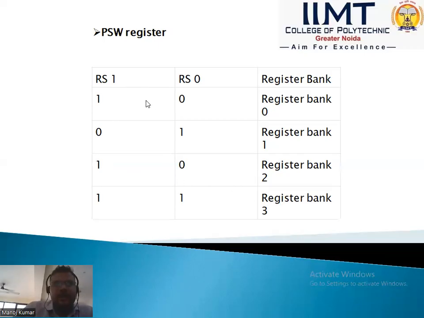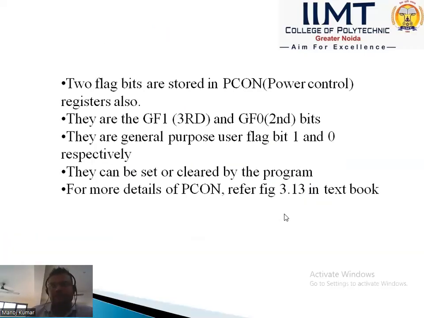RS1 = 0, RS0 = 0 selects register bank 0. RS1 = 0, RS0 = 1 selects register bank 1. RS1 = 1, RS0 = 0 selects register bank 2. RS1 = 1, RS0 = 1 selects register bank 3.